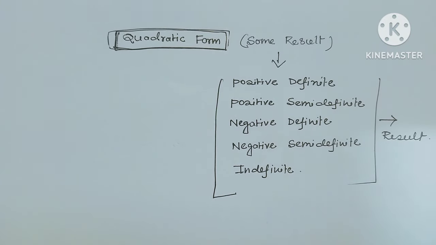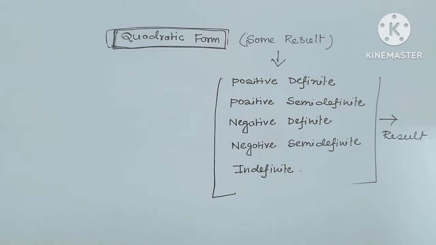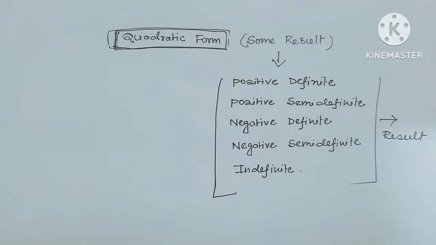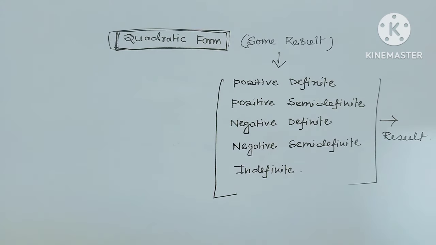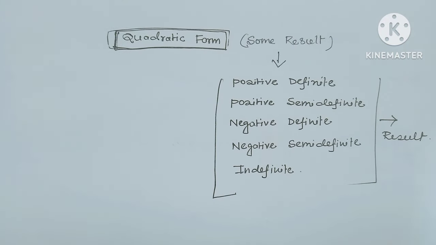Today I will discuss this part, just as a review. In my previous video, I had discussed this topic elaborately, but today I will discuss it again because this topic is very important for any competitive exam.